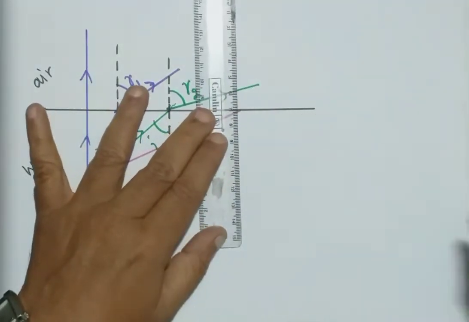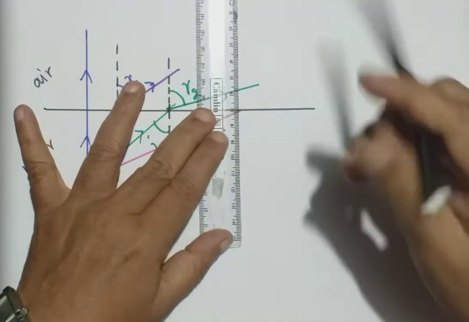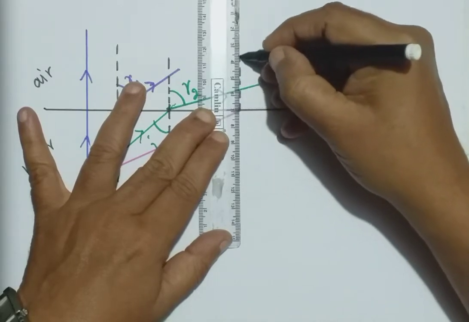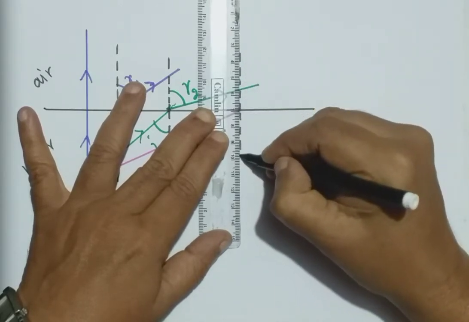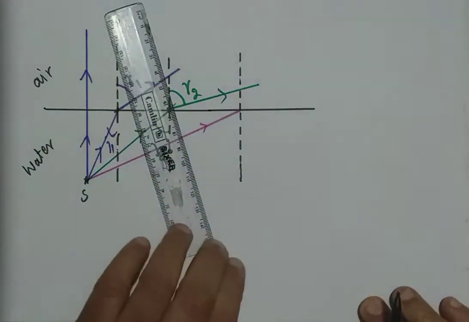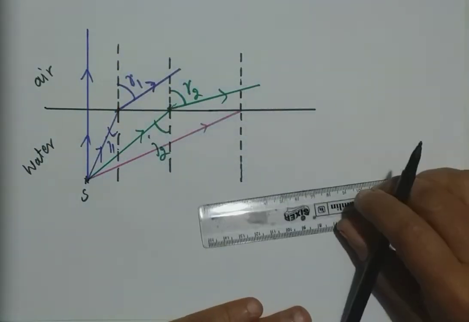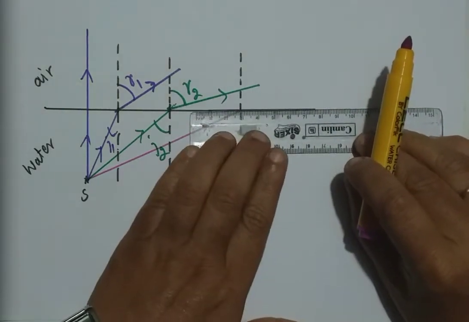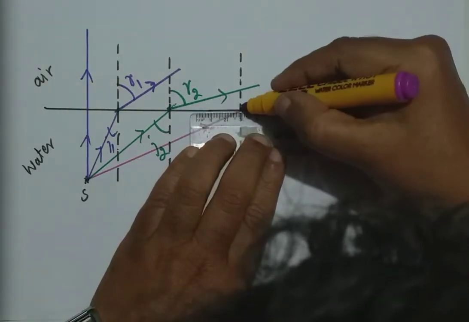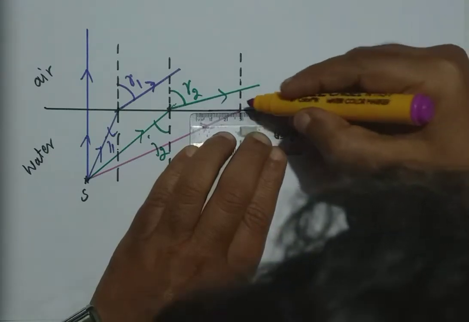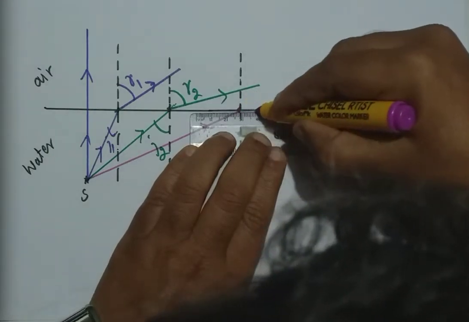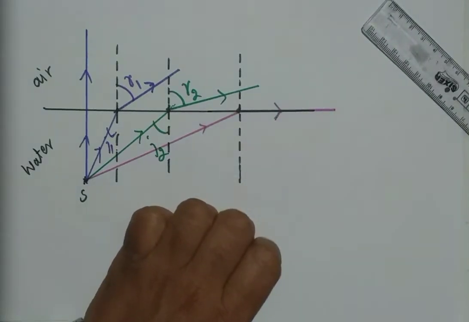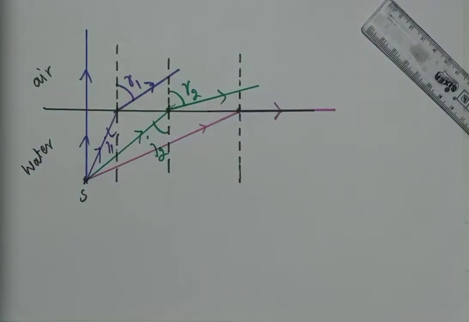If we draw the normal, say like this, the refracted ray will pass on the surface of separation like this. This is a special case in the refraction. Say it passes on the surface, it grazes on the surface.